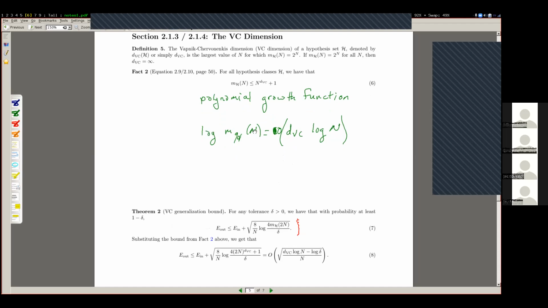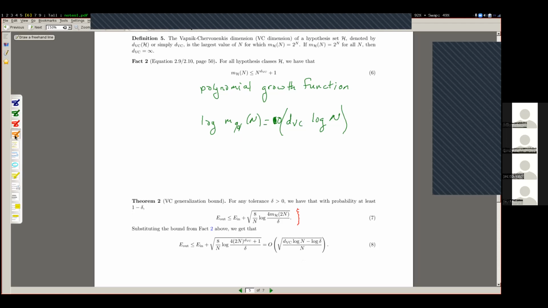So that's why we care about this log up here. If you do the substitution, then this is the final growth rate that we actually care about. That's the actual generalization error that people remember.